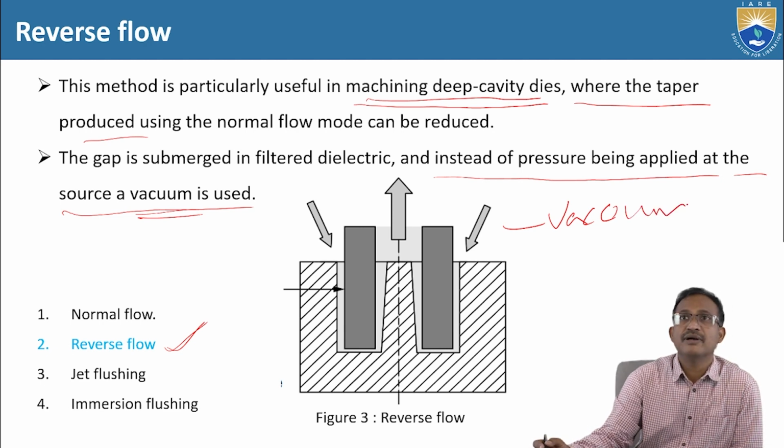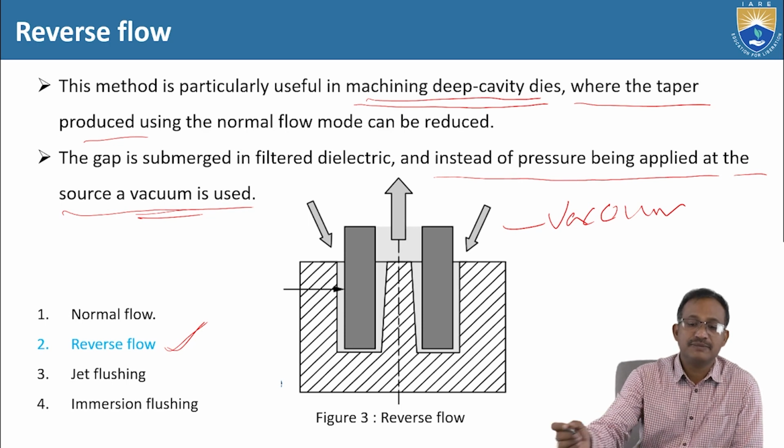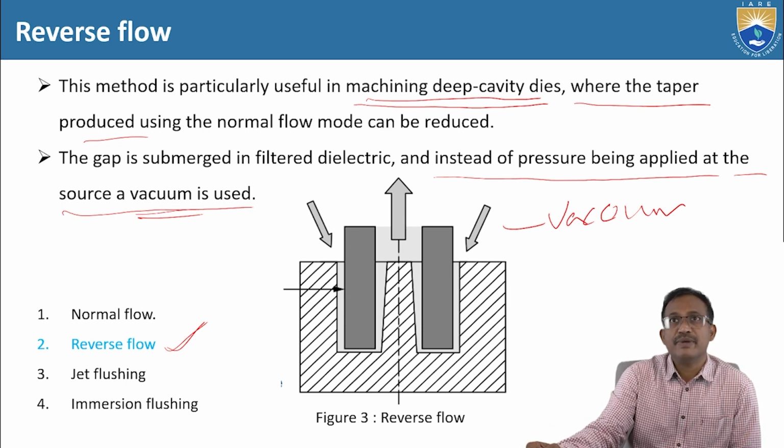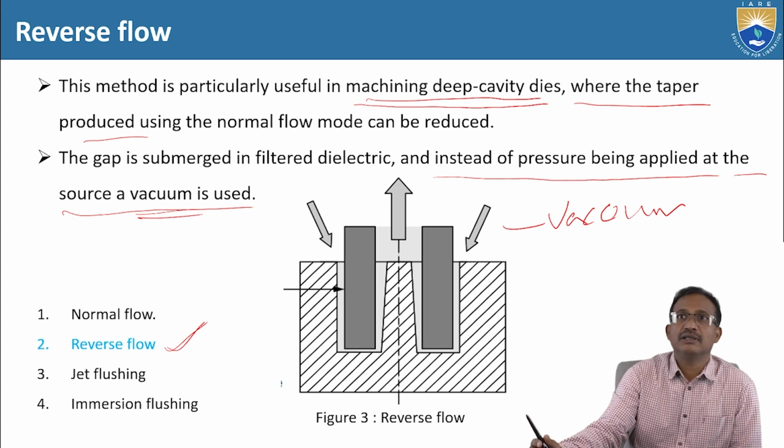So in the normal flow we have applied pressurized dielectric fluid, whereas here in reverse flow the vacuum is used. This method is particularly useful in machining deep cavity dies where the taper produced using the normal flow mode can be reduced.